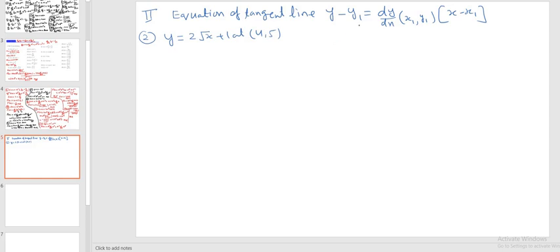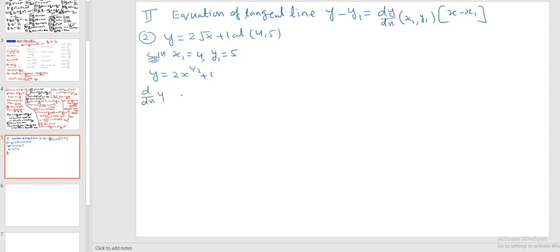First of all, we need to check what the given terms are. So x1 is equal to 4, y1 is equal to 5. Next is dy/dx, the slope at x1, y1. First we need to write dy/dx. So 2 square root of x means x to the power half, plus 1.